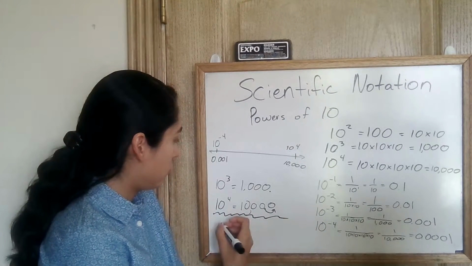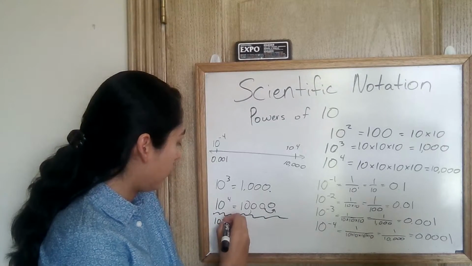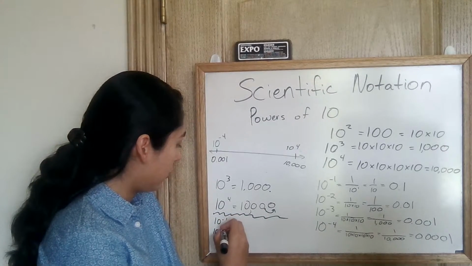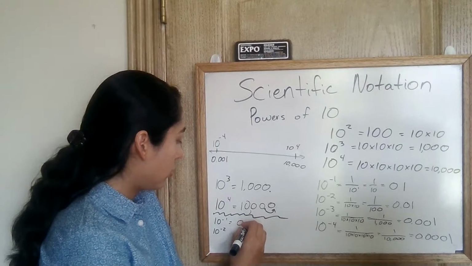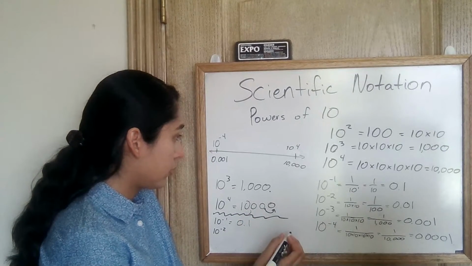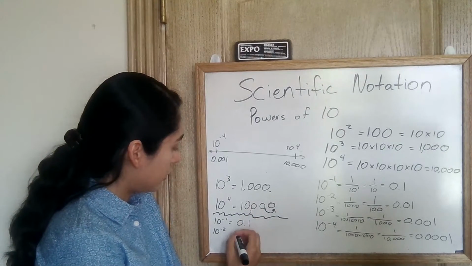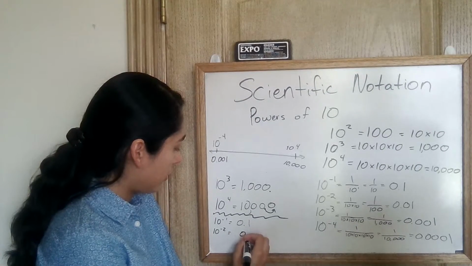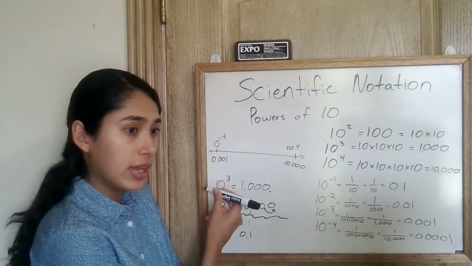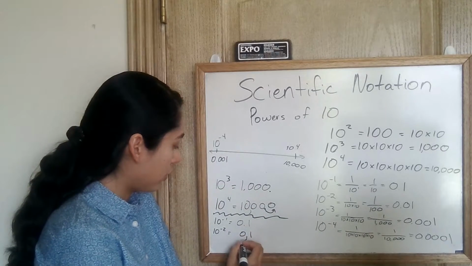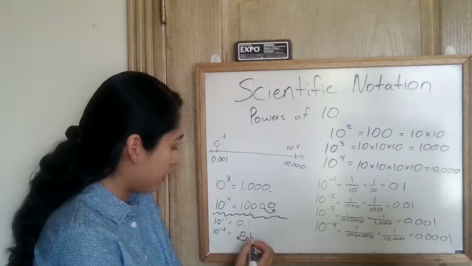So let's do 10 to the -1 and then 10 to the -2. So 10 to the -1 is the same as 0.1. What we could do instead is have this. And since we know negative moves to the left of the number line, we're going to move it once to the left.